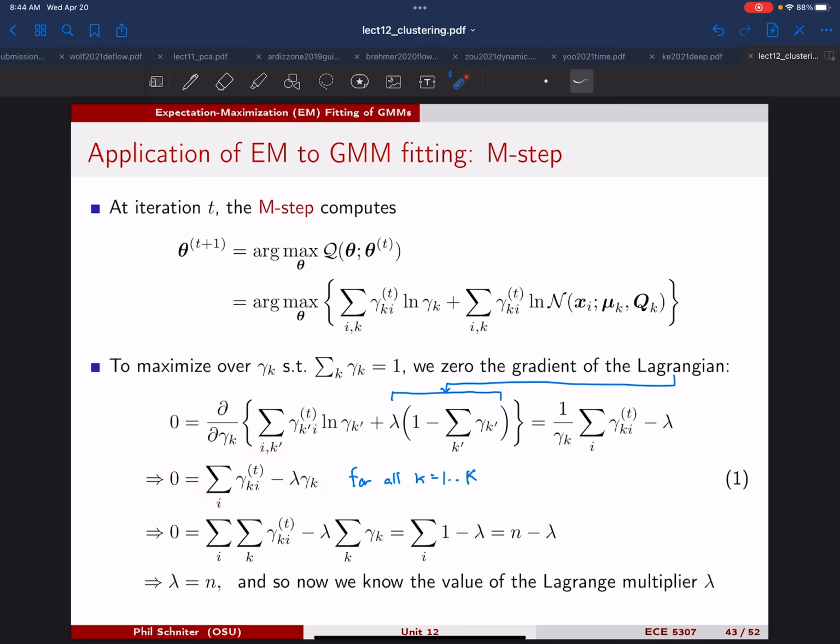So I'm going to sum this over k. That's going to put in a sum here and here, still equal to 0. But in doing so, I can leverage the fact that this sum equals 1 by construction. So this whole thing just turns into 1.